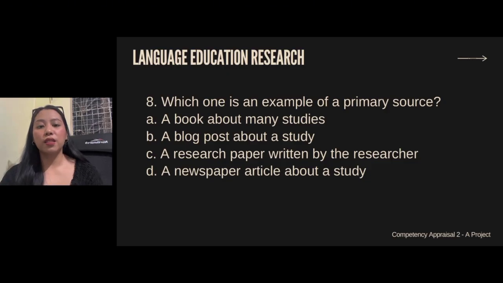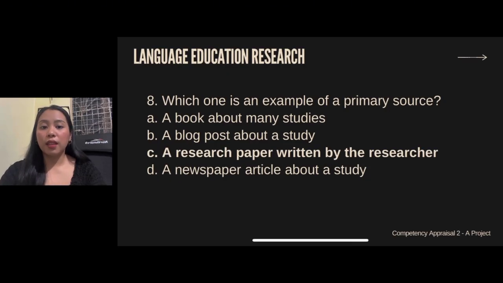Okay, the correct answer is letter C. The researcher's own paper is the original source of information, which makes it a primary source. While letter A, a summary of many studies, is a secondary source.